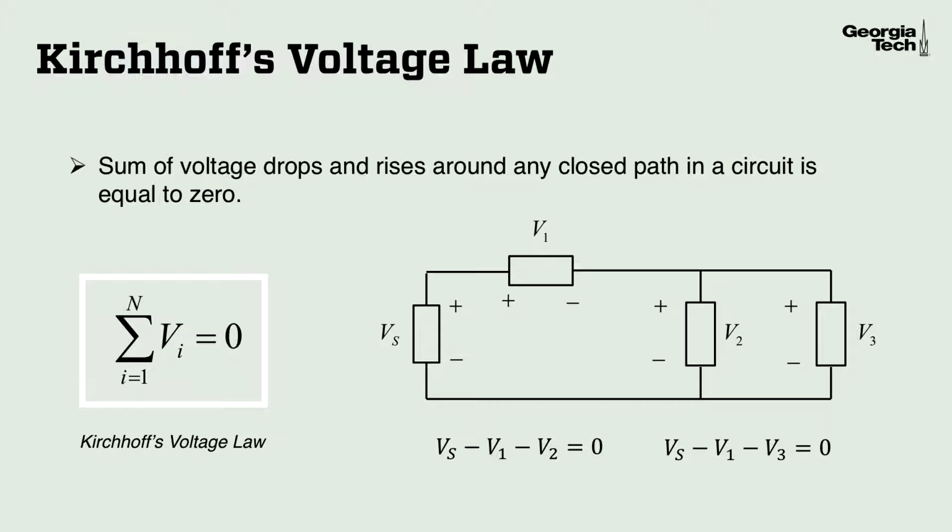The same type of equation can be written for the outer loop of this circuit involving the rise across Vs, the drop across V1, and then the drop across V3. And these types of equations will help us analyze the voltage drop across different circuit elements, as well as the current through different elements, and even the power dissipated through different elements.